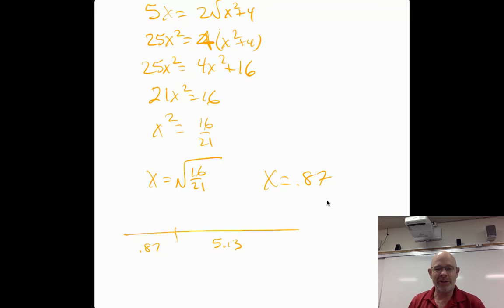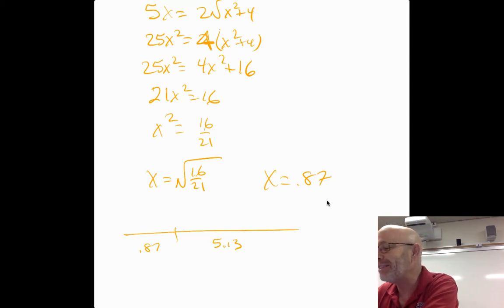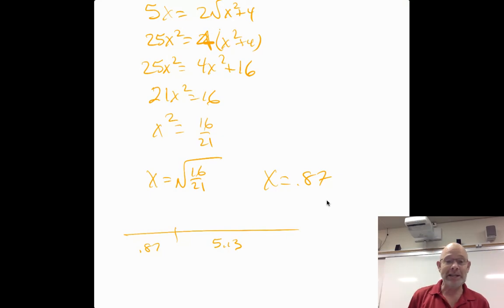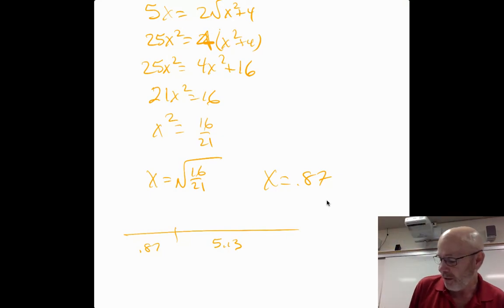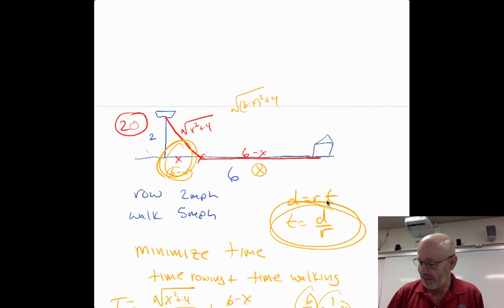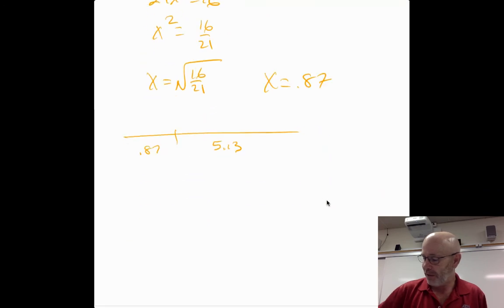Trying to answer that question, the perfect wording is a little bit weird. If you just had x equals 0.87, that would probably be good. Let me check it to make sure it is the right answer. Oh, look at that, 0.87, I got it right, which is always good. It's a little hard to say where that 0.87 is, but it doesn't really matter.